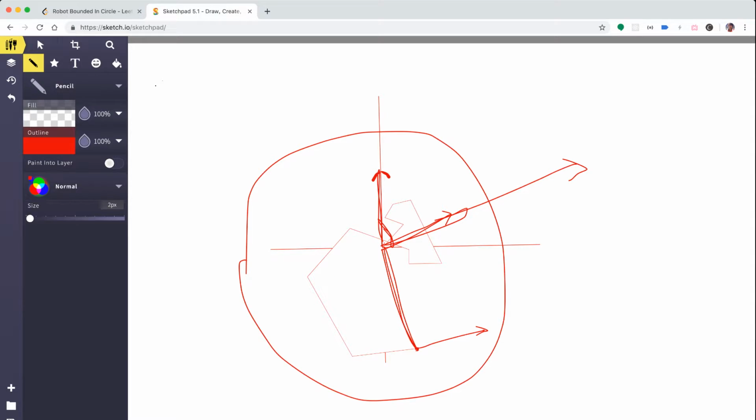Why? Let's take a look again. If you only rotate by, say, 17 degrees, and for these cases we still move, not 90 but 60 degrees, you will just get further and further away. You will not bound it within a circle.